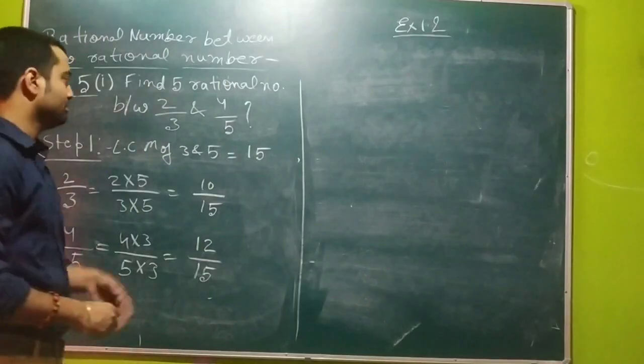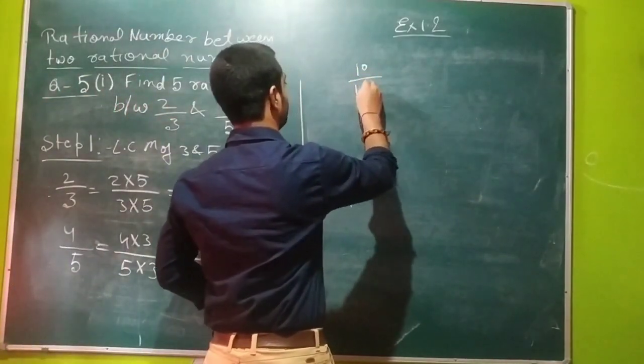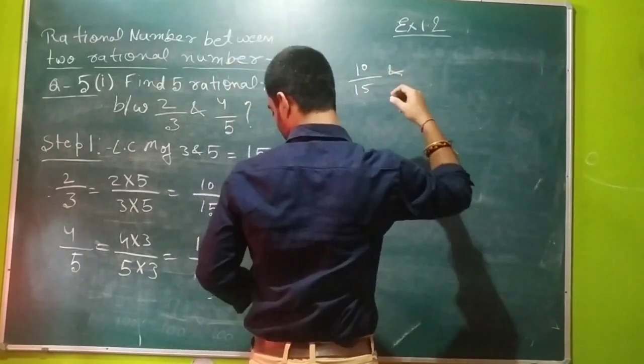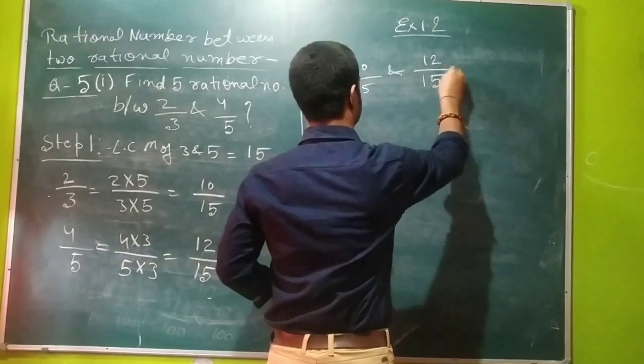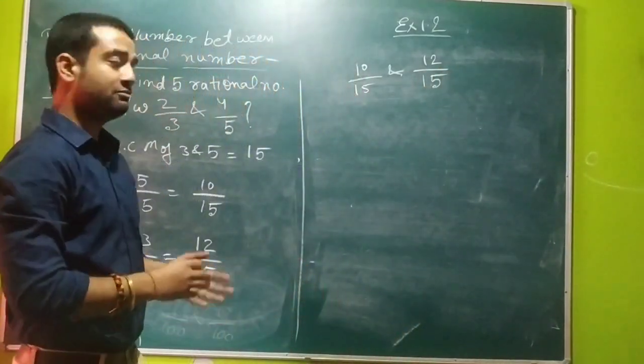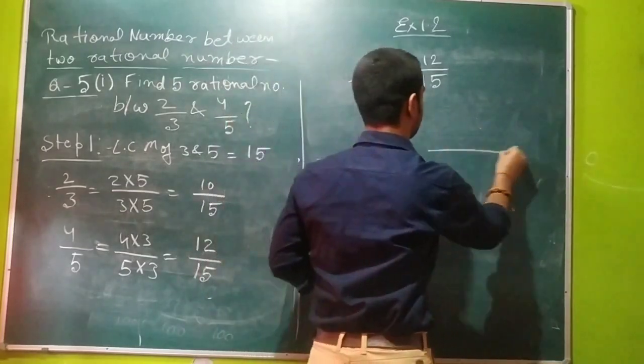So, we converted 2 by 3 and 4 by 5 into 10 upon 15 and 12 upon 15.